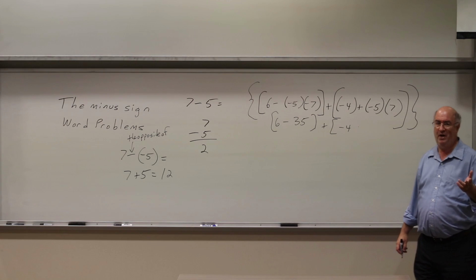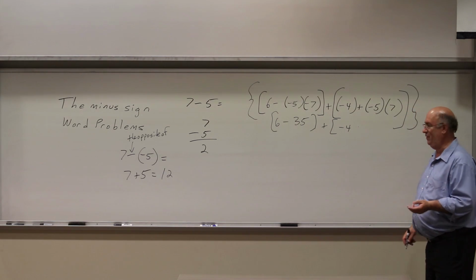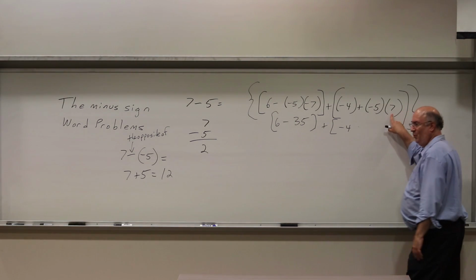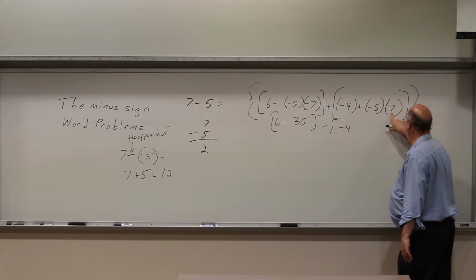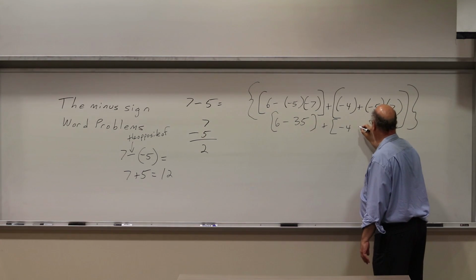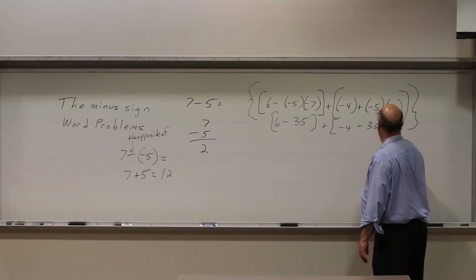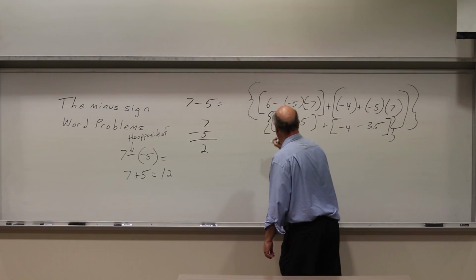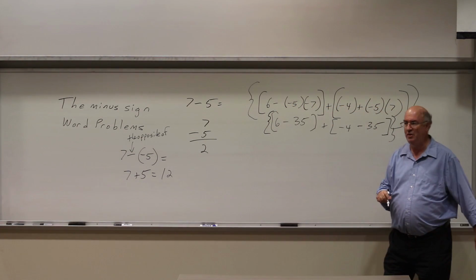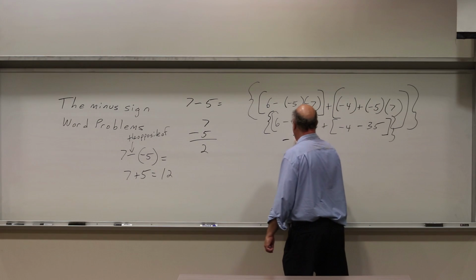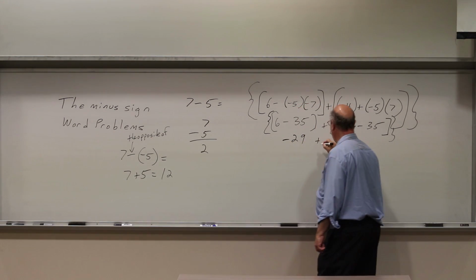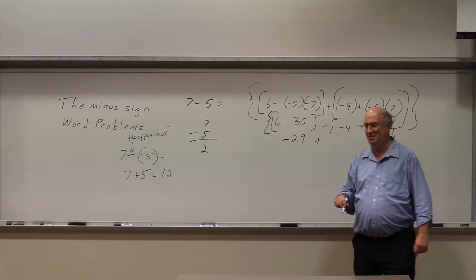It's automatically positive if it doesn't have a sign in front of it. So this 7's automatically positive. Negative 5 times negative 7 is minus 35. Square bracket, fancy bracket. Okay, 6 minus 35, negative 29. Maybe we're talking about temperature, that's really cold.